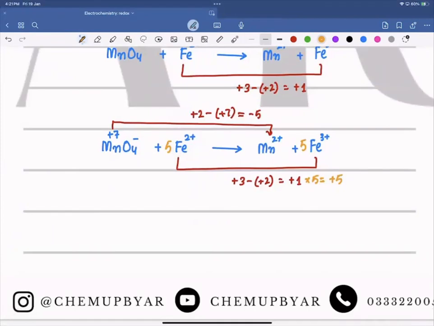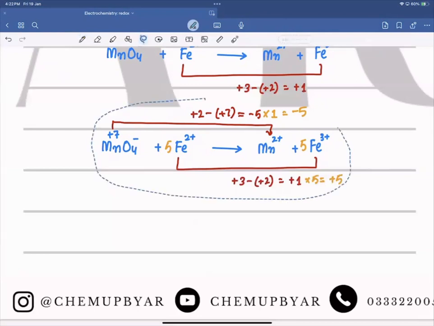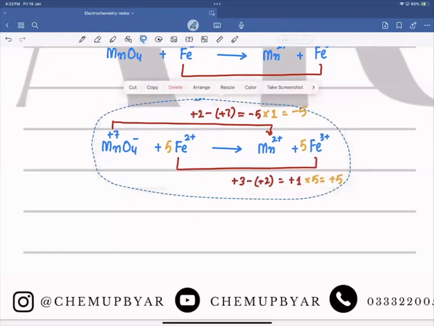And for here, I just make it minus times 1, so it would be -5. So there is no need to put the coefficient before Mn, right? Is this understandable to both of you? Yes, sir.